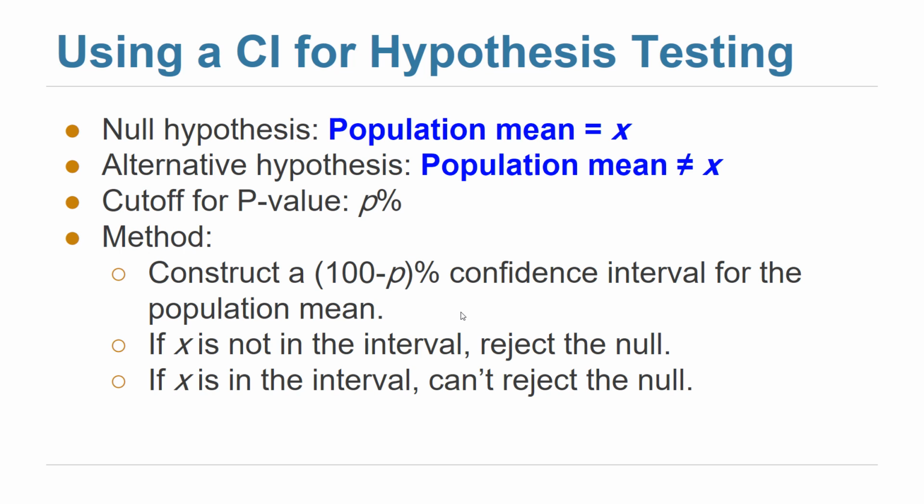In comparison to what we do in hypothesis testing, where we just say that we accept or reject the hypothesis, using a confidence interval we do one more step, which is that we give an estimate within an interval.